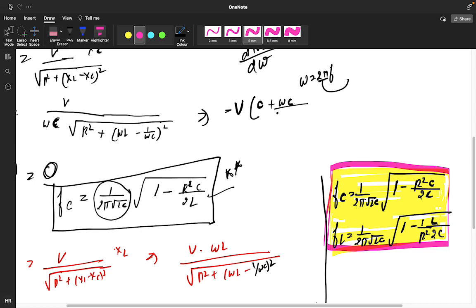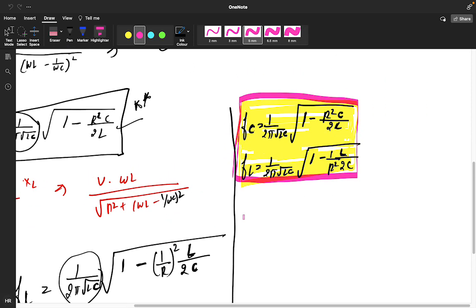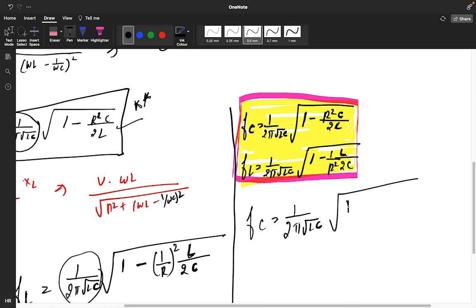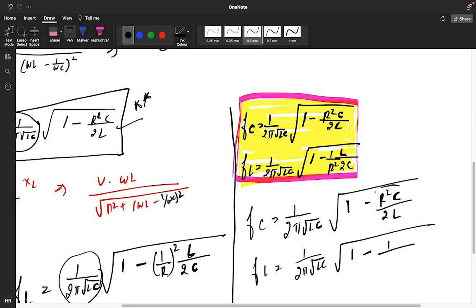Guys, there is one more method, better to remember like this. If you know the capacitor formula, 1 by 2 pi root under LC, root under 1 minus R square C divided by 2L, FL can also be written like this: 1 by 2 pi root under LC, root under 1 minus 1 divided by R square C divided by L. This can also be, and if you derive this, you will get the same result.